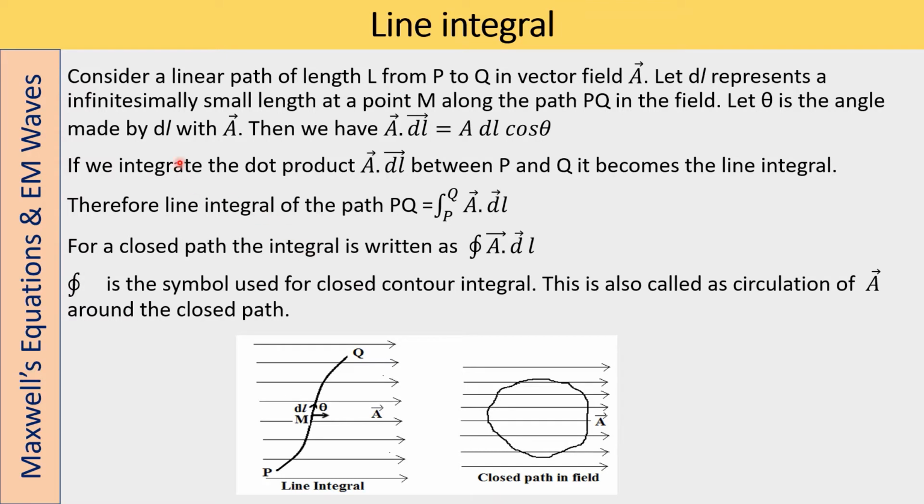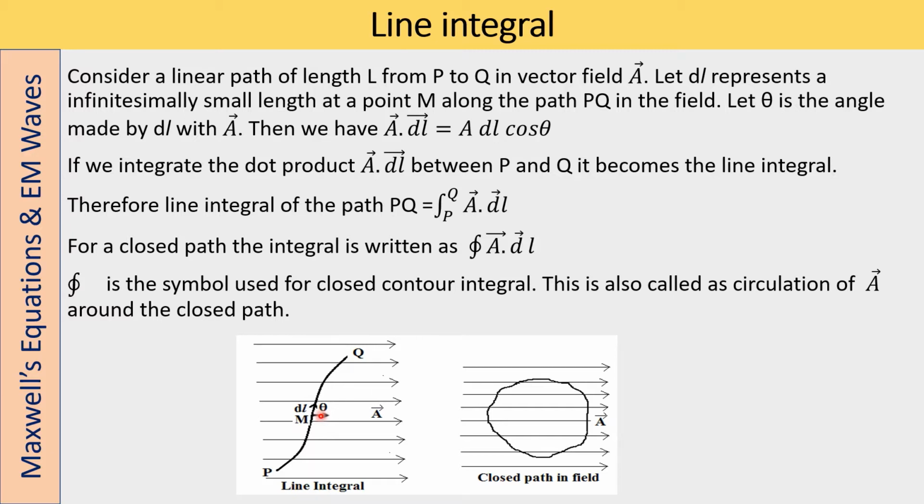Line integral. Consider a linear path L from P to Q in a vector field A. dl represents an infinitesimally small length at a point M along the path PQ in the field.